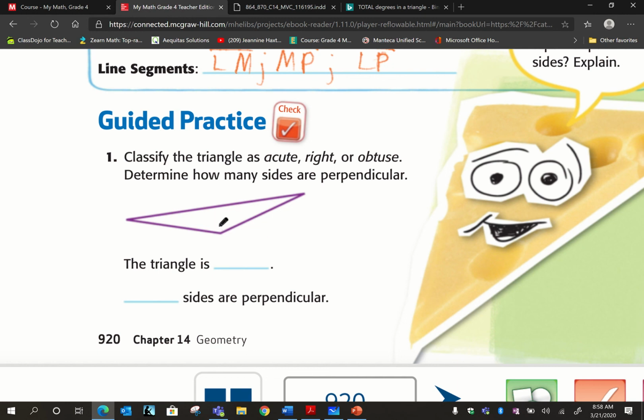I can clearly see that this is much more than a right angle would be. If you're having trouble, you can always hold a card or a little piece of paper up, like I showed you in class, to see if it matches with the edge of a piece of paper, because that will always be a right angle. So the triangle is obtuse.